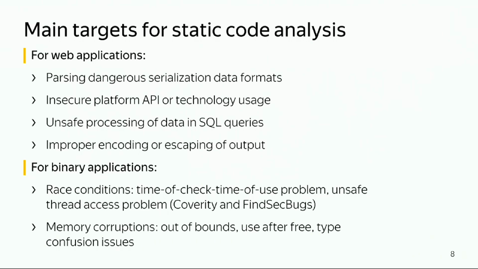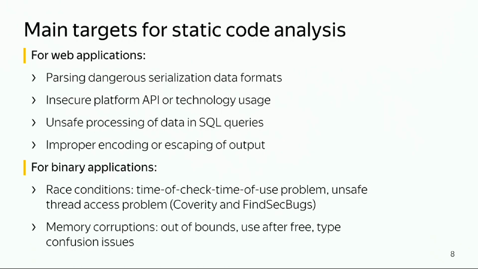What do we want to find using our static analysis? For web applications, we have several goals. The first is parsing dangerous formats and serializations. For example, you know about XML.